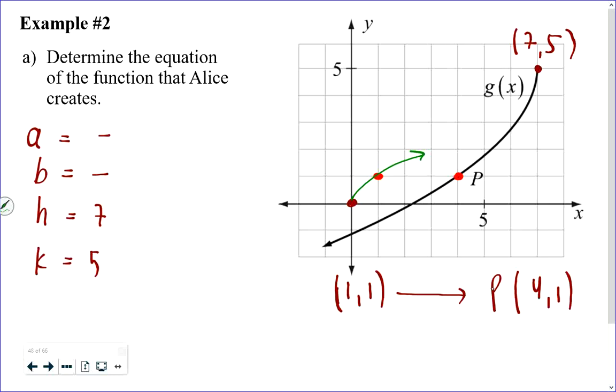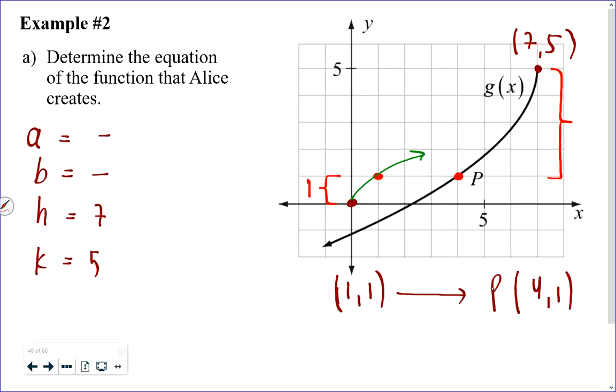And I do like Alice's approach. I really do. What Alice does is she looks at the vertical distance between those two key points on the original function. And the vertical distance is 1. And then Alice looks on the new function at the vertical distance between those two key points.